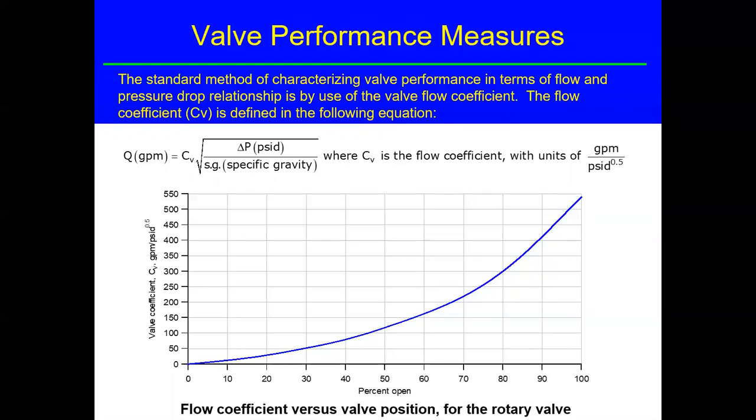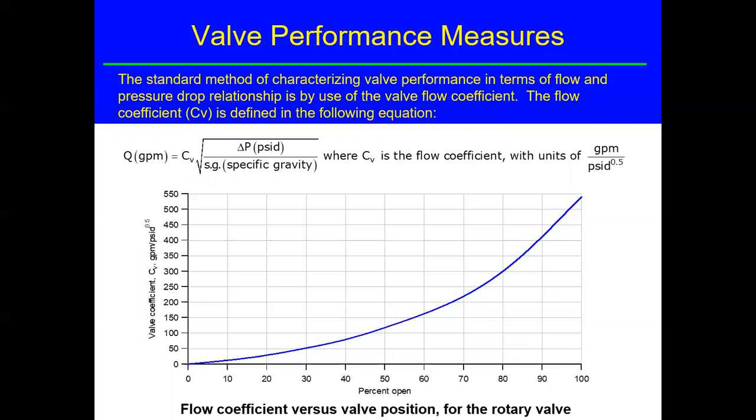So anyway, you can see how the Cv changes. A higher Cv means basically the valve can pass more flow at the same pressure drop. So a bigger Cv is a bigger valve if it's at the same position. If you look at the 100% position, and we'll see this in a minute, this valve could pass about 540 GPM with a 1 PSI pressure drop.